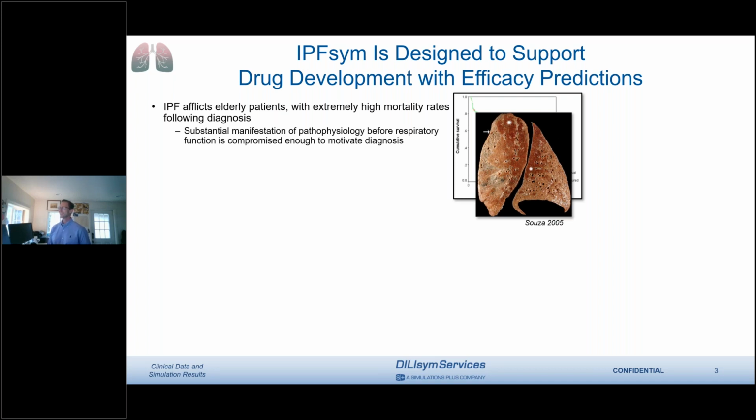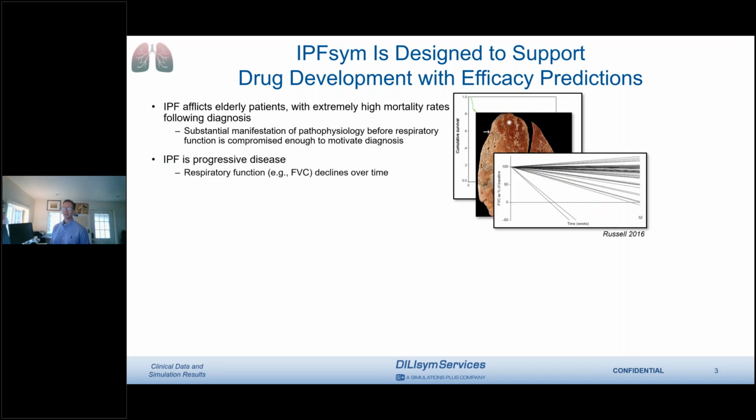Your eye certainly can tell that it does not look normal, and in fact, that's the case. It is also a progressive disease, getting worse over time with its own sort of metronome, if you will, and different patients decline at different rates.